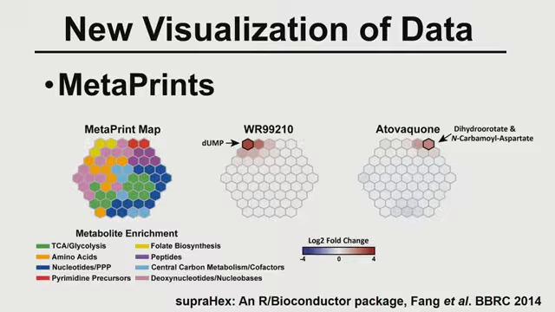So what you can see here, for example, is pyrimidine precursors in red up in one corner, and the other corner here is folate biosynthesis. So if you add a drug like WR99210, which affects folate biosynthesis, you get a very strong signal in that particular corner of the hexagon.